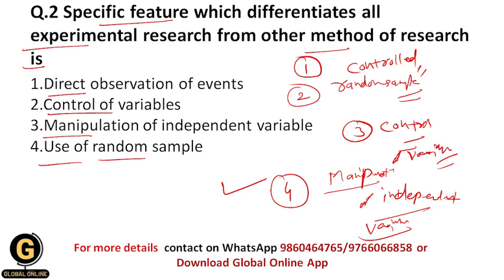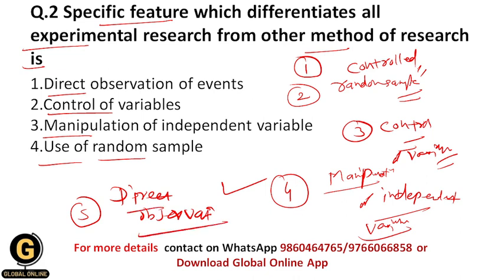Another salient feature is direct observation. You can do direct observations in this research method as well, but this is not the unique feature, and that's why the correct answer for this question is 3, that is manipulation of independent variable, because this is the unique feature of the experimental research method. Other features are there in the experimental research method, but these features are also there in other research methods.